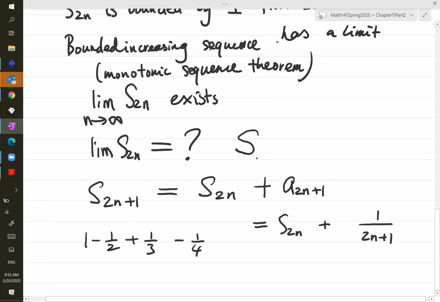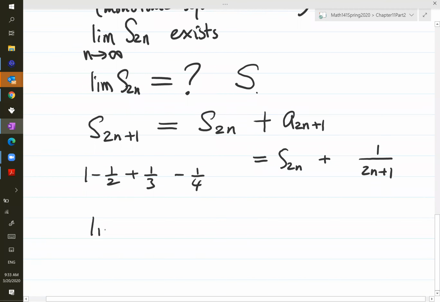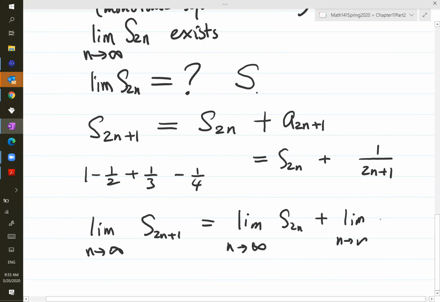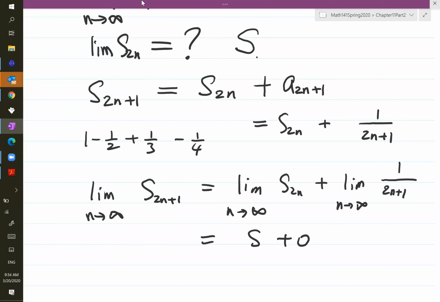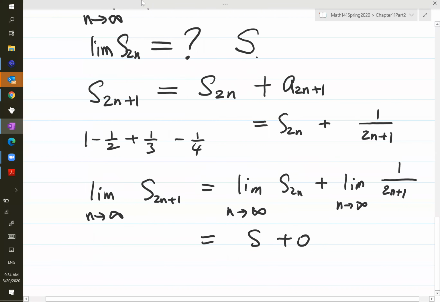If we take the limit as n approaches infinity, the limit of s_{2n+1} is the limit of s_{2n} plus the limit of 1 over 2n plus 1. So this will be s plus 0. This shows that the even partial sums and the odd partial sums converge to the same limit.